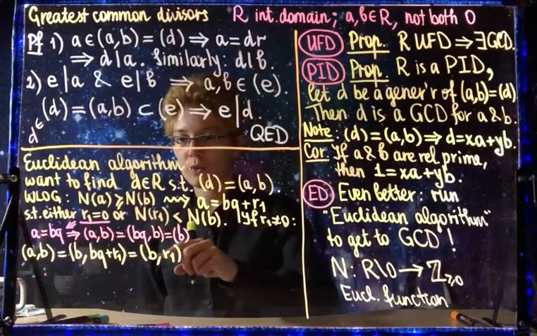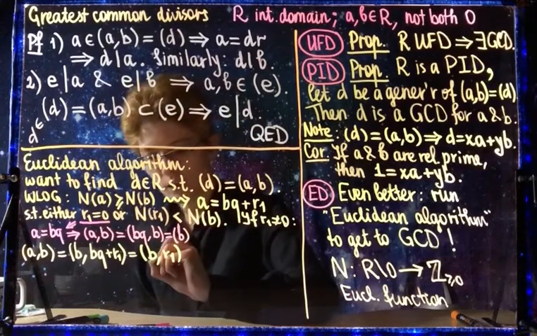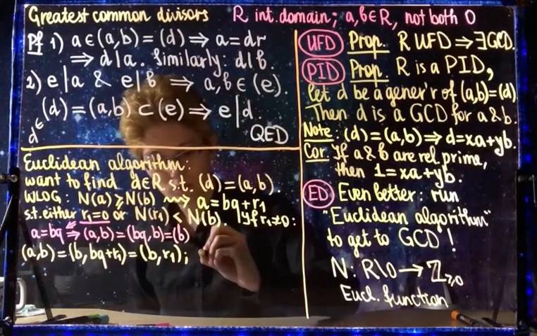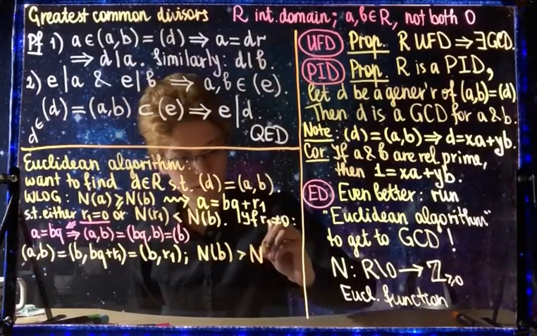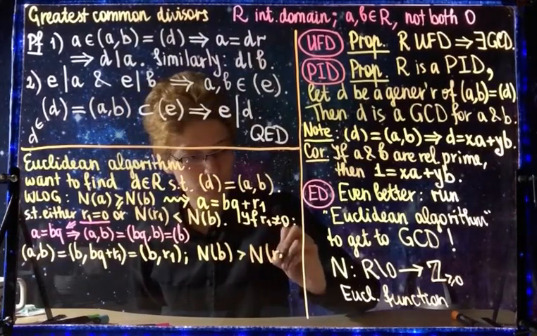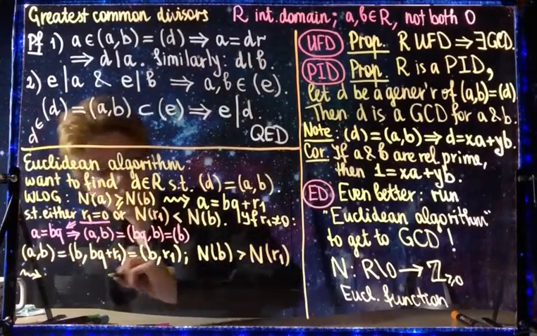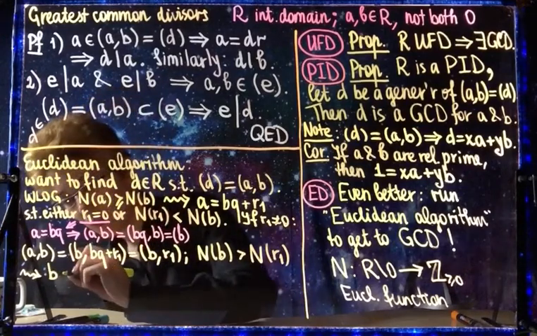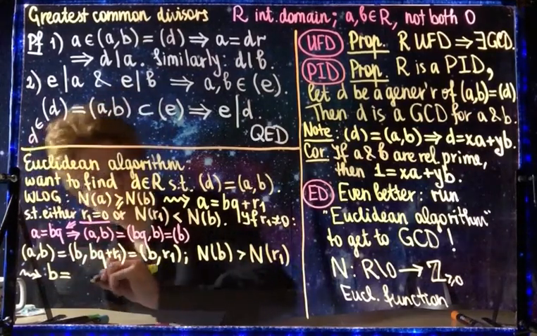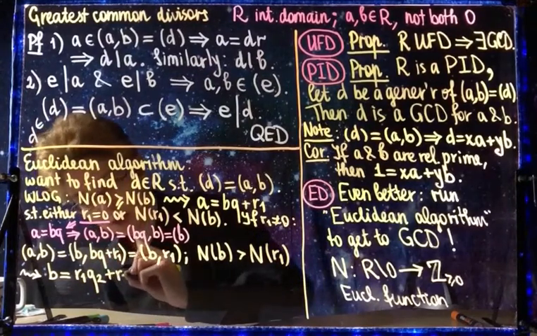And now the value of the Euclidean function at b is greater than the value of the Euclidean function at r1. And so we again divide b by r1 with remainder, and we get that b is equal to r1 times q2 plus r2.